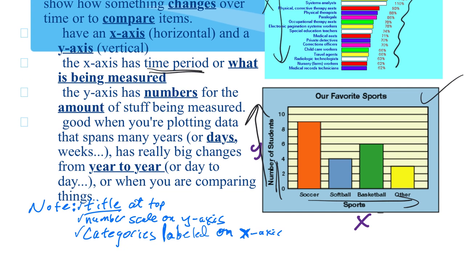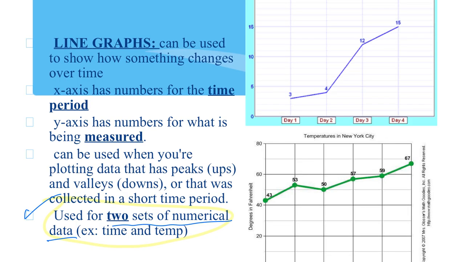Now, notice that all graphs should have a title at the top. The categories, or time, if it's that kind of graph, is labeled on the x-axis. The numbers are labeled on the y-axis.